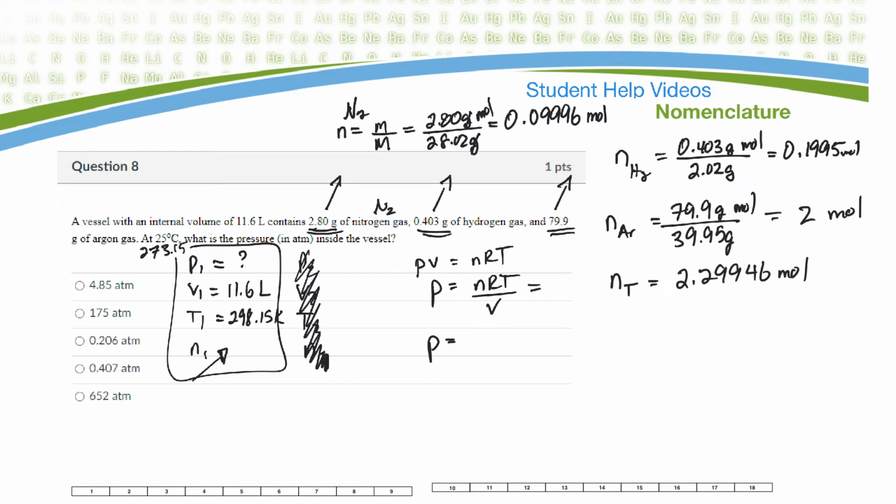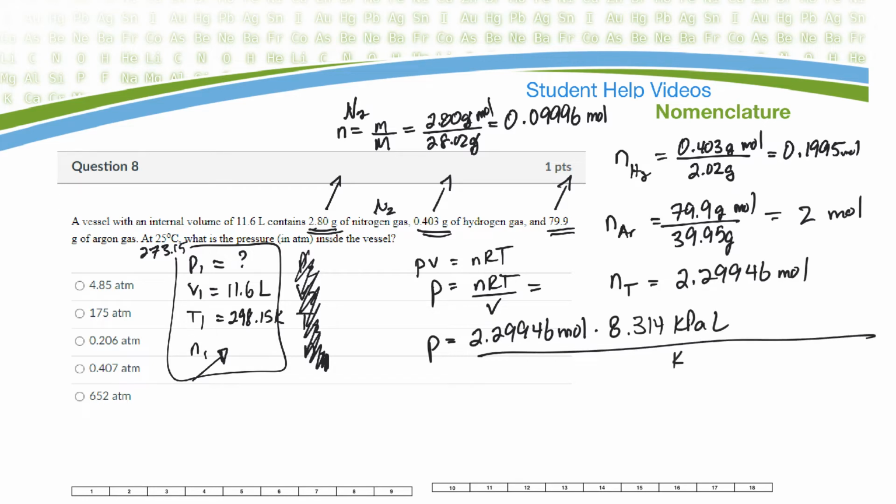So the pressure is going to be equal to moles, 2.29946 moles, times the universal gas constant in kilopascal liters per Kelvin mole, times the temperature, 298.15 Kelvin, divided by the volume, 11.6 liters.